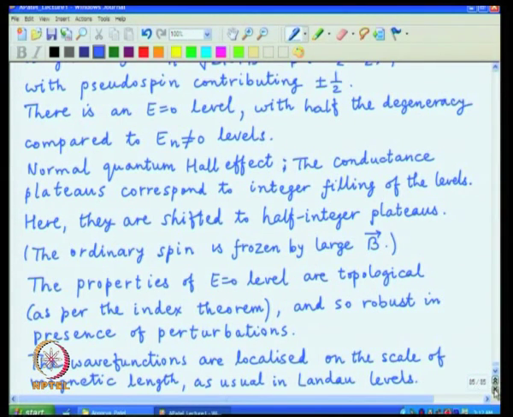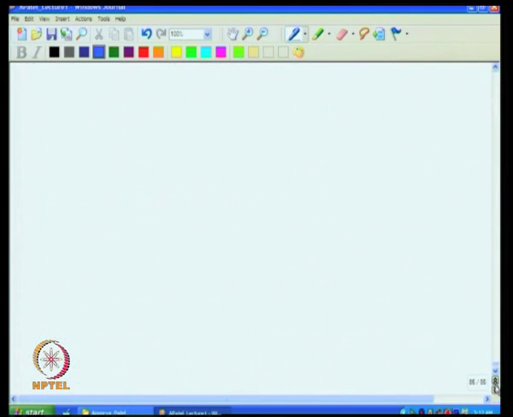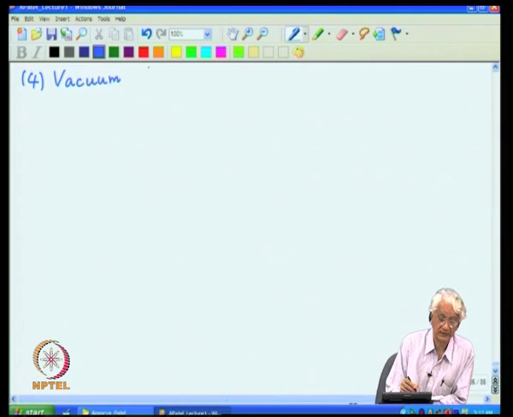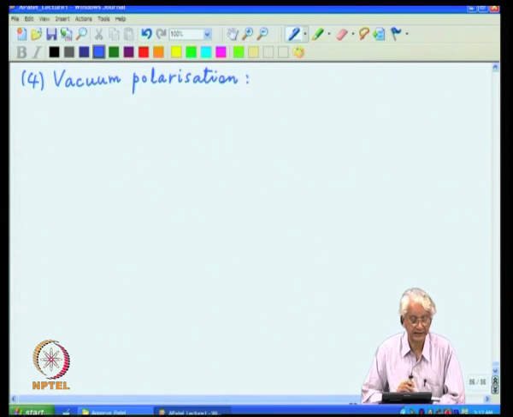There are still a few more properties I would like to mention. One of them is a property of quantum field theory which is known as vacuum polarization.